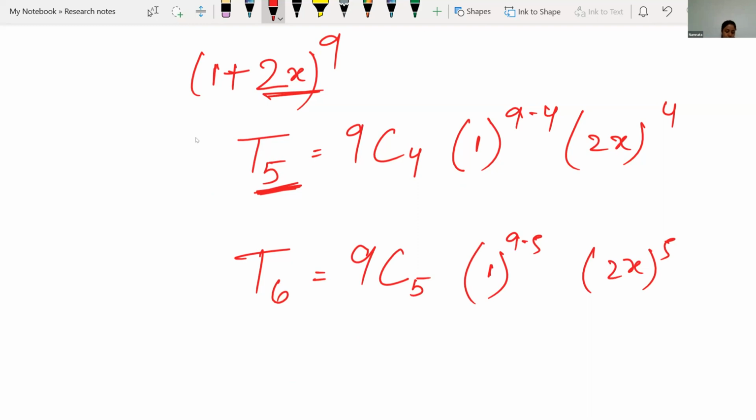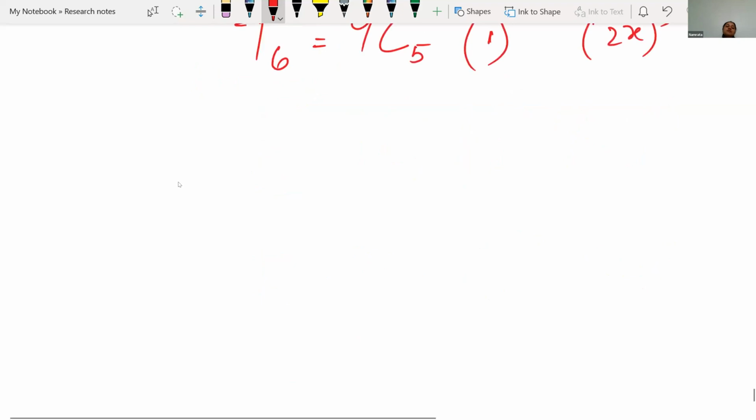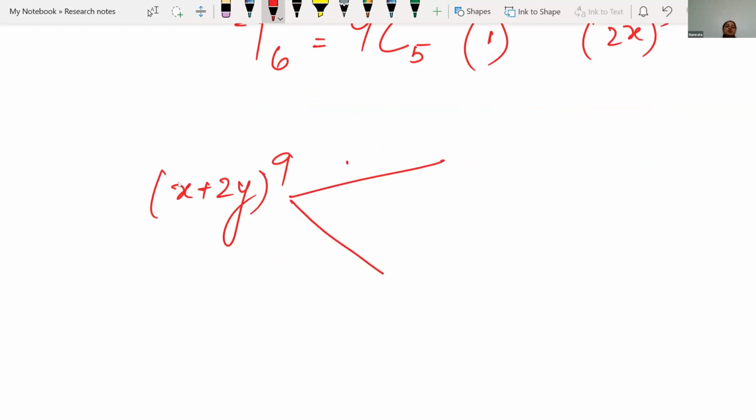Now, if you have (x plus 2y) to the power 9, then what are the middle terms? Since the power is odd, there will be two middle terms. The first will be T of (n plus 1) by 2, and the other is T of ((n plus 1) by 2) plus 1.